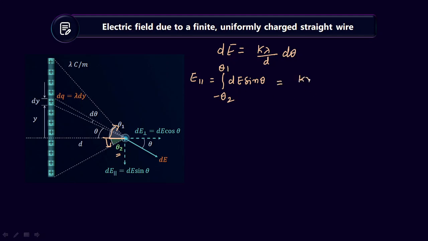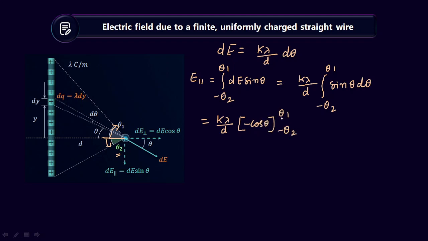So we can put the value. We have k lambda by d, that is constant only, and we have the integration of sine theta d theta from minus theta 2 to theta 1. The integration of sine theta will be minus cos theta, from minus theta 2 to theta 1.